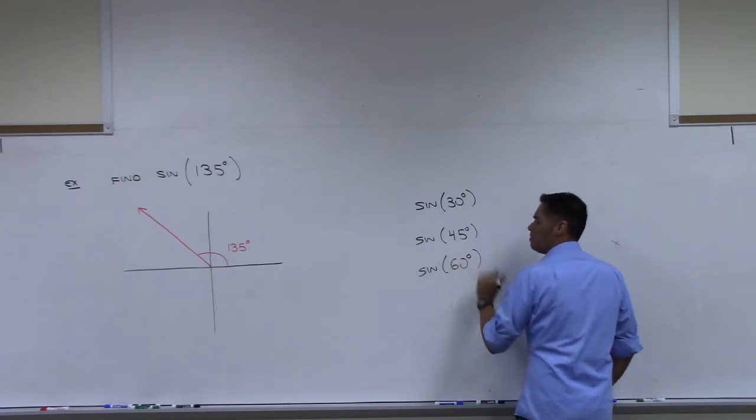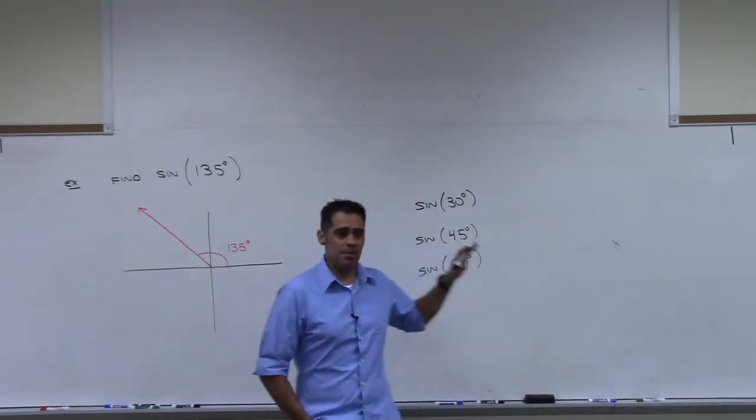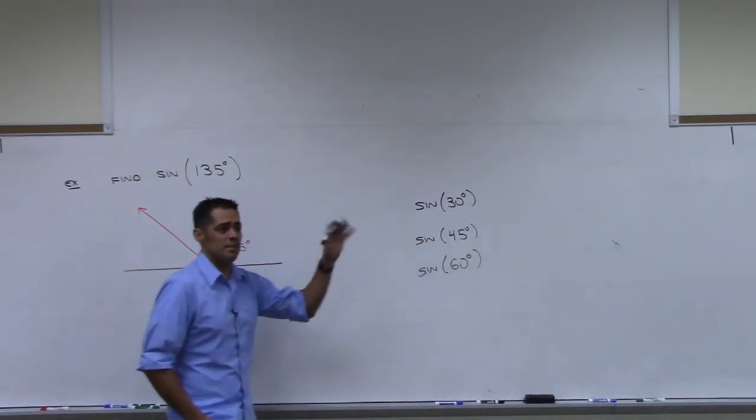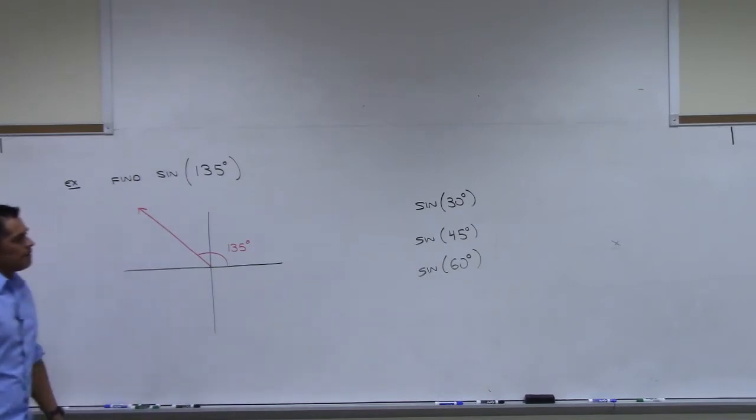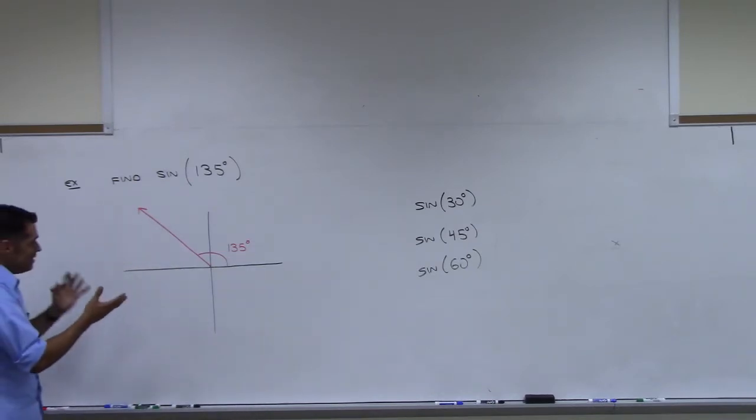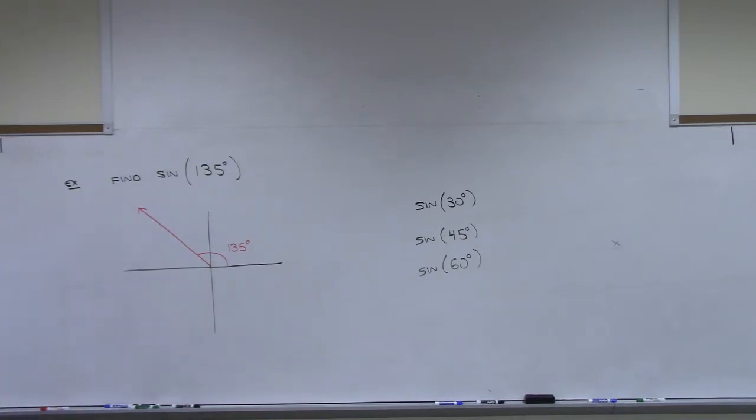Those are the ones that you're supposed to know. But then you're also supposed to know cosine and tangent, right? So do any of those look like they might be useful to us? The 45, right? Because look at it this way.